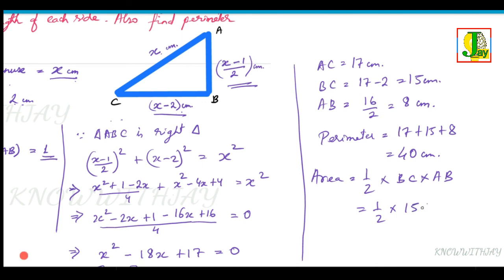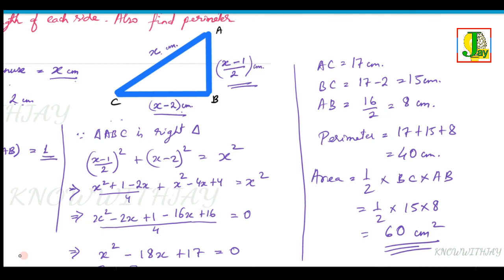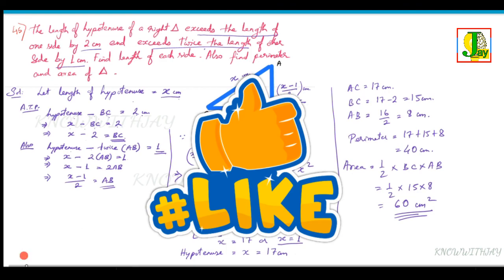Half into 15 into 8. So 4 into 15, 60 centimeters squared. That's all in this section.